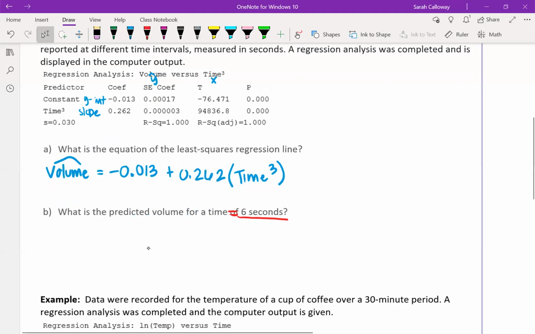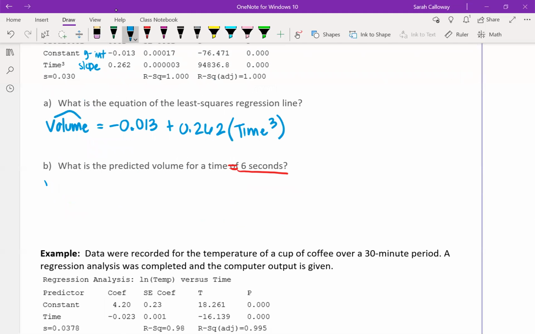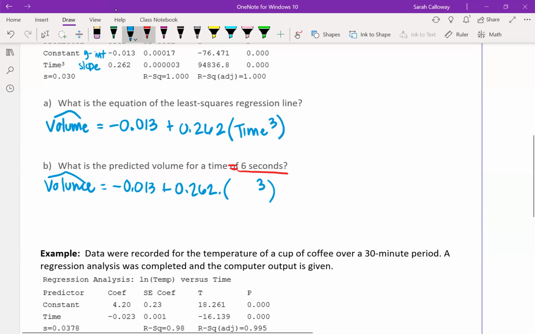Okay, so I'm going to use the equation that we have in the previous problem. So volume is equal to negative 0.013 plus 0.262 times 6 cubed. Okay, so that cubed doesn't go away. I still have to cube that 6 in order to get the accurate output.